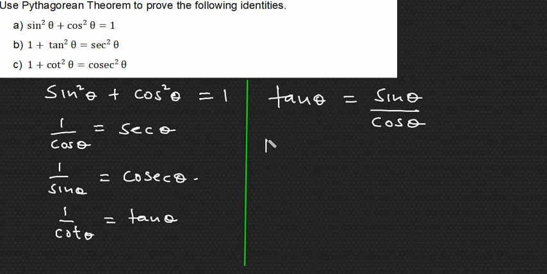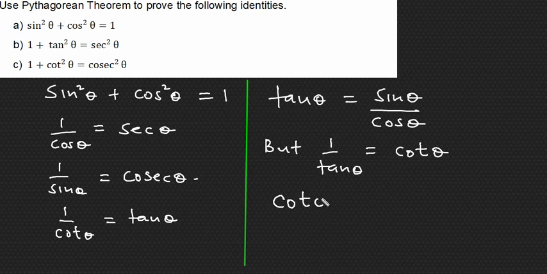But remember, 1 over tan is equal to cot theta. Therefore, cot theta is the reciprocal of tan. So from here, cot theta is cos theta over sine theta.